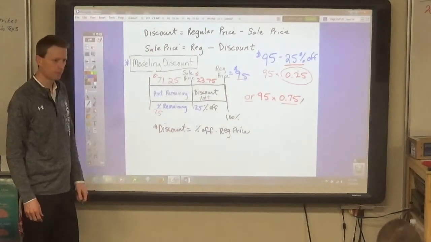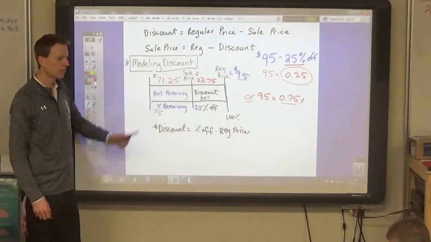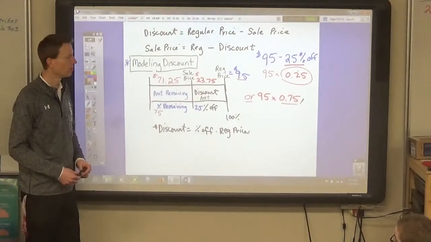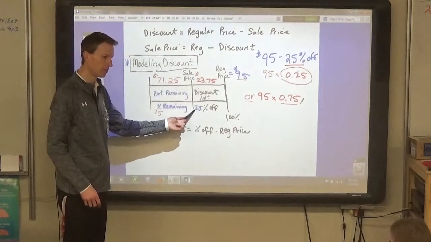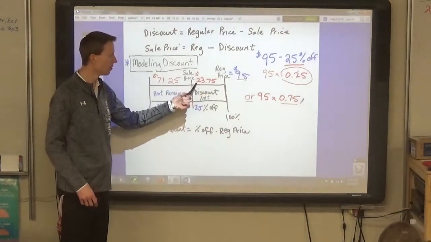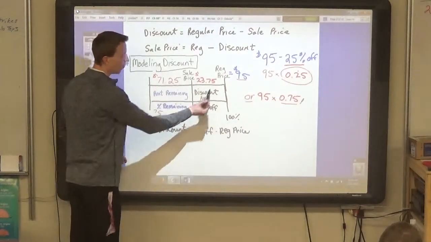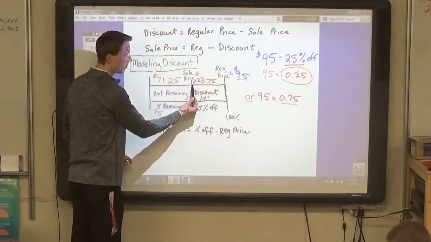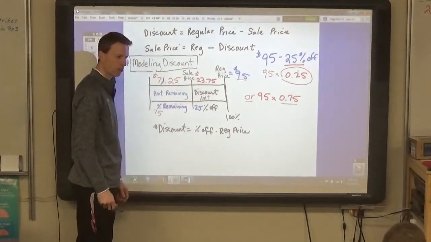Okay? Don't erase the note. Look at this model, Max. This is 25% off. 25% of the regular price is $23.75. So if we subtract that amount, it's equal to $71.25.